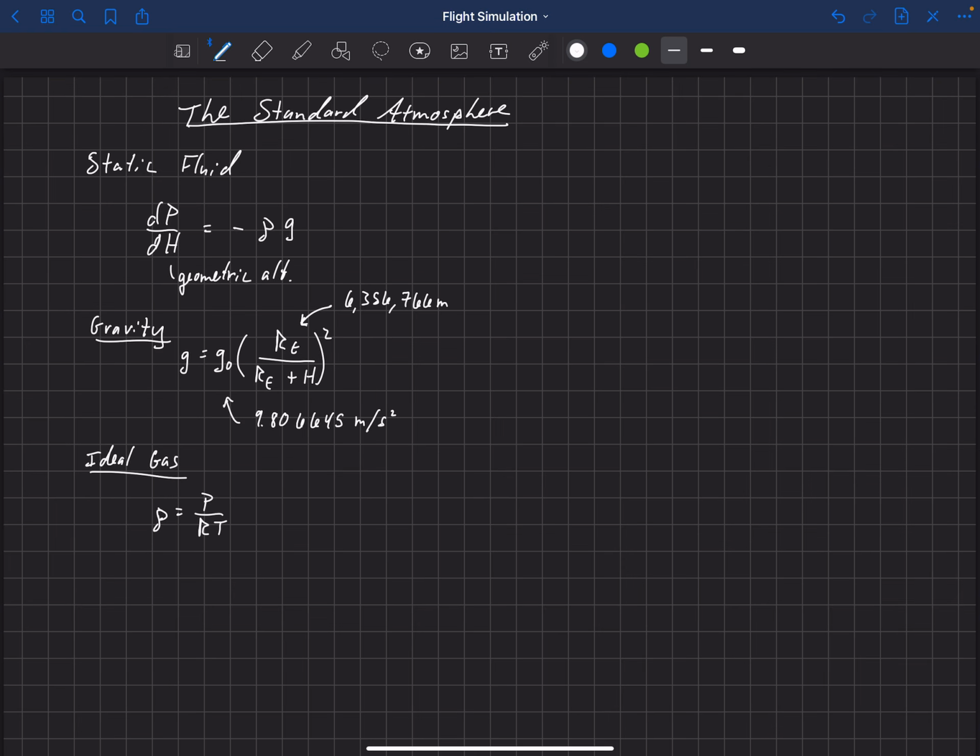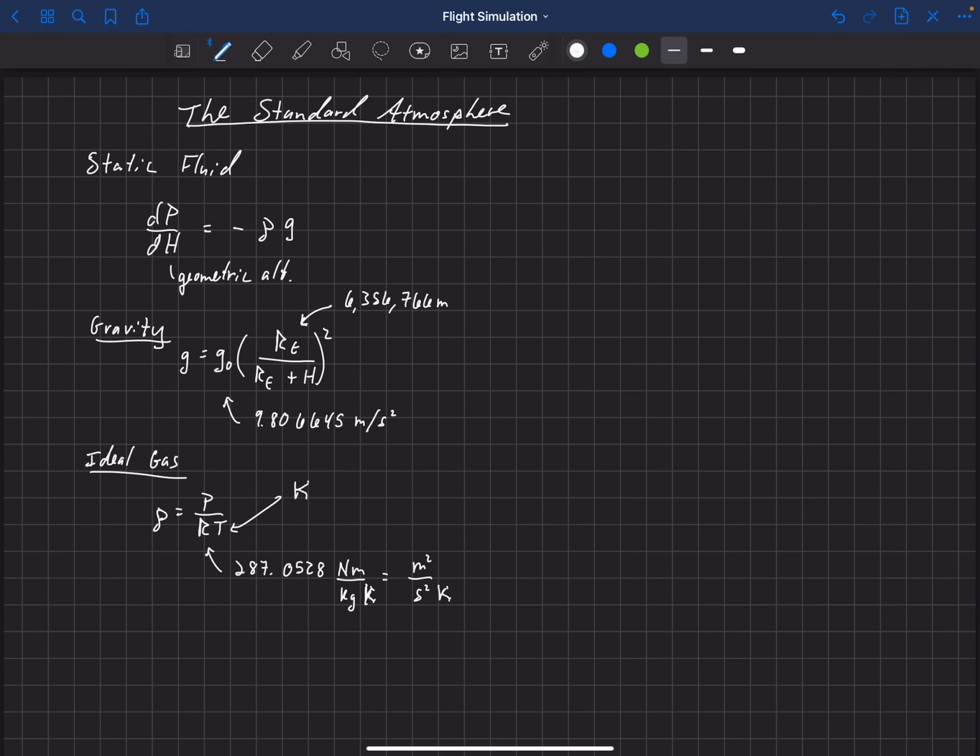R is the ideal gas constant for air, and so that is 287.0528 Newton meters per kilogram K. T is the temperature here. So this temperature has to be in K to use this ideal gas constant. And actually, these units can also be written as meters squared per second squared, K.